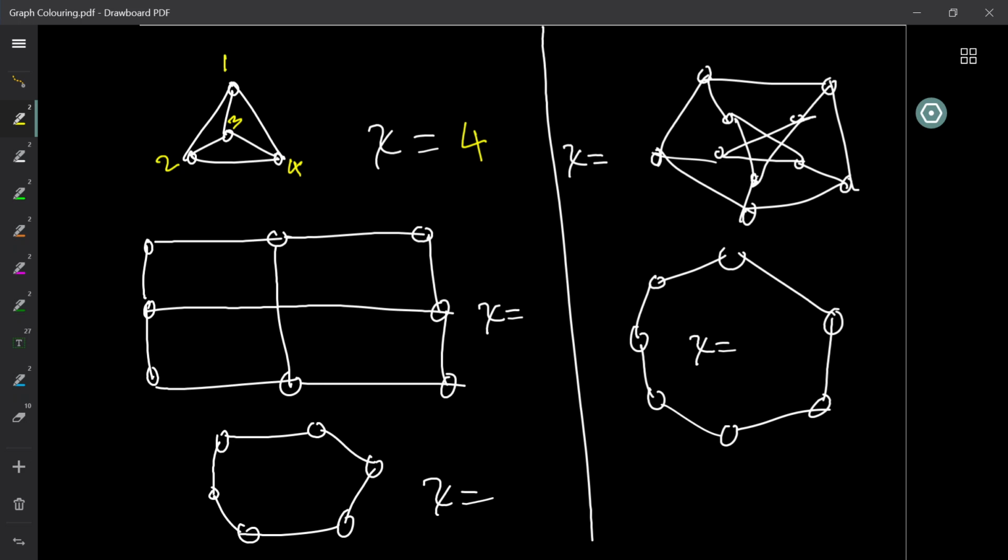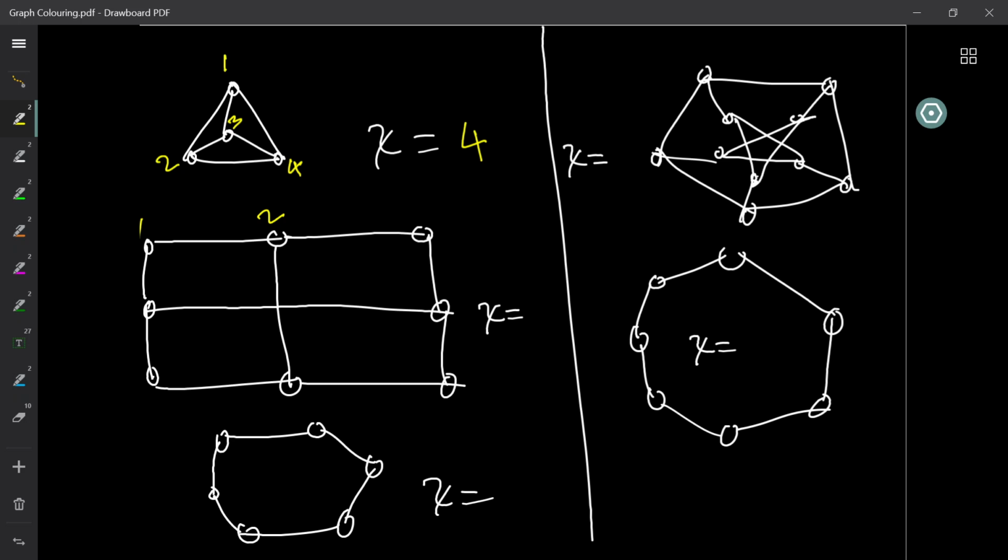What about the next graph? What is the chromatic number of this graph? You can start with color 1 for some vertex, then this vertex can be given color 2 because it cannot be color 1.